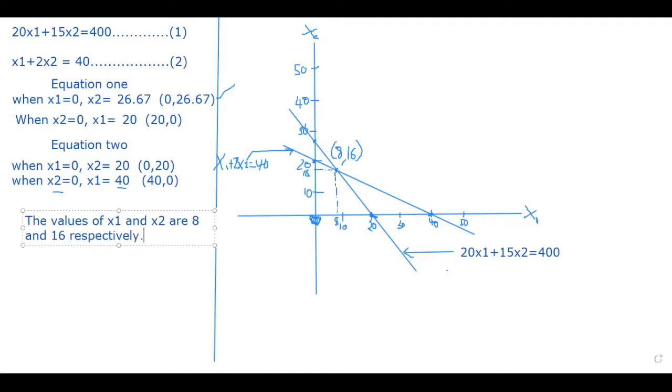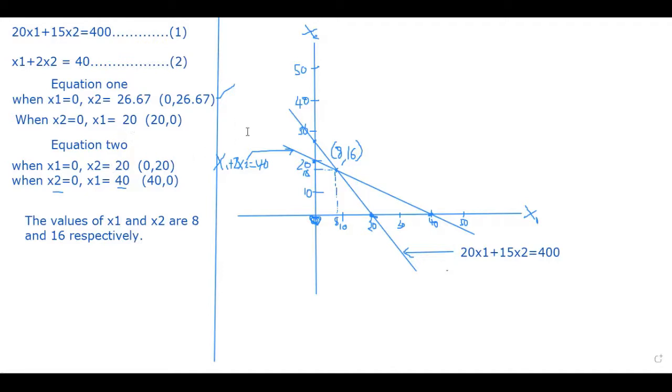So first of all, when you're asked to use the graphing system to solve for the values of x1 and x2, just check whether the decision variables are only 2. If they are 2, move on to formulate your expression. After formulating it, get your coordinates. You let x1 represent 0, then you find x2. When you finish, you let x2 equal 0, and you find x1. After that, you do the same for equation 2.